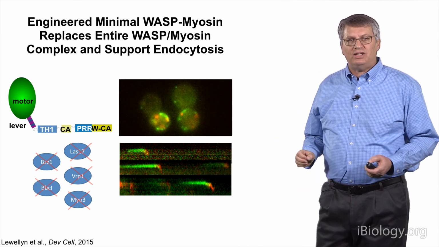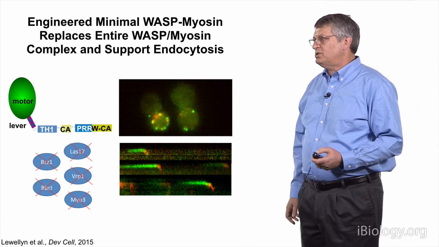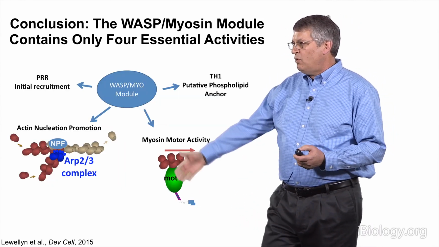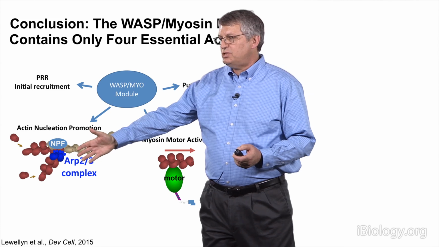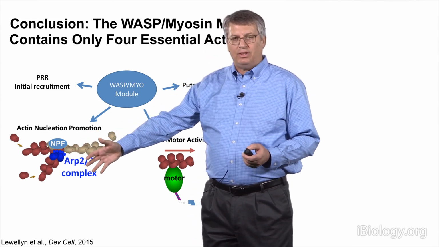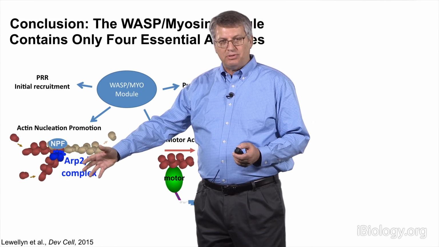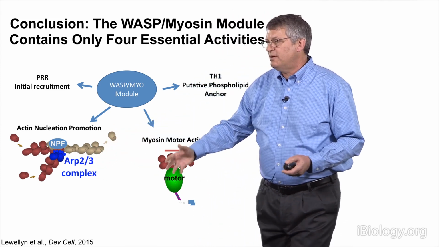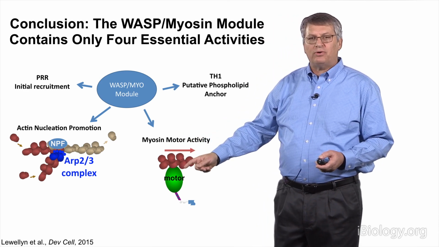So what are the activities then that are contained in this module? There are 4 activities, and they're shown here. One activity is the so-called nucleation promoting factor activity, the ability to activate the ARP2/3 complex. That is absolutely essential to nucleate actin filaments for productive endocytic events. The second is a myosin motor activity.